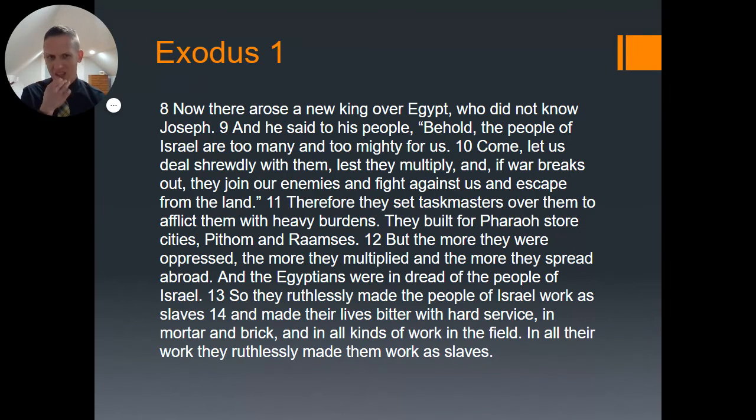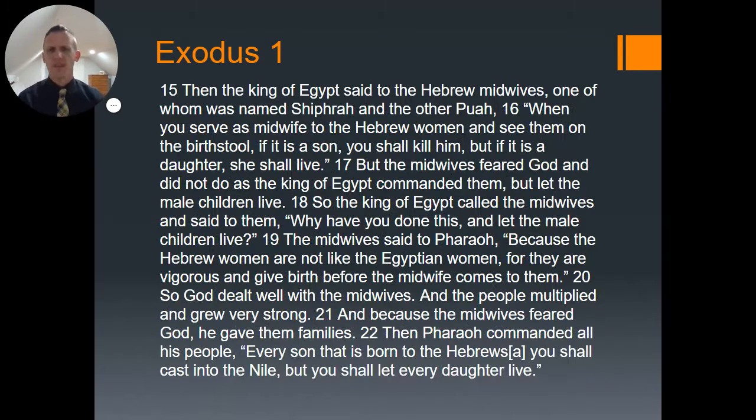So they ruthlessly made the people work as slaves, and they made their lives bitter with hard service in mortar and brick, and in all kinds of work in the field, and all their work, they ruthlessly made them work as slaves.